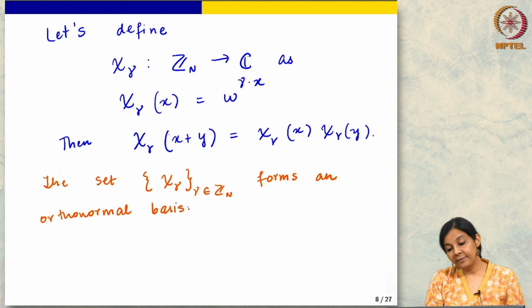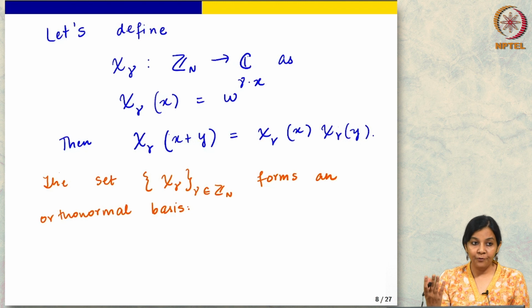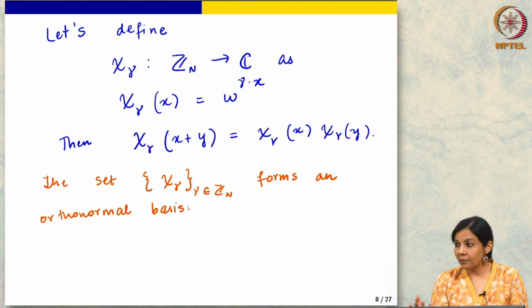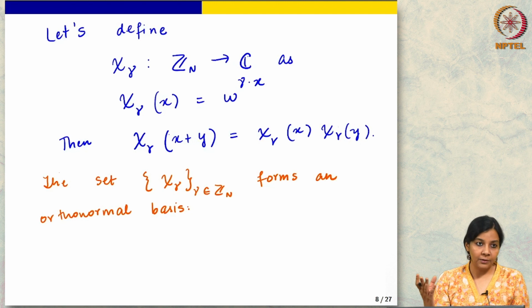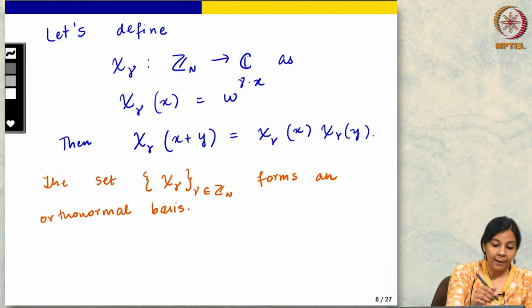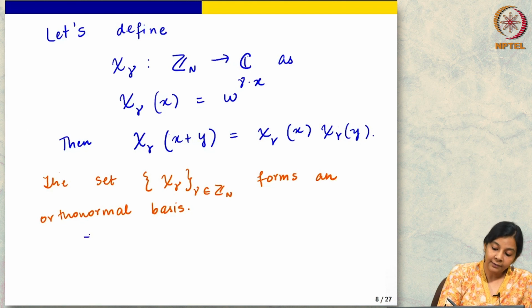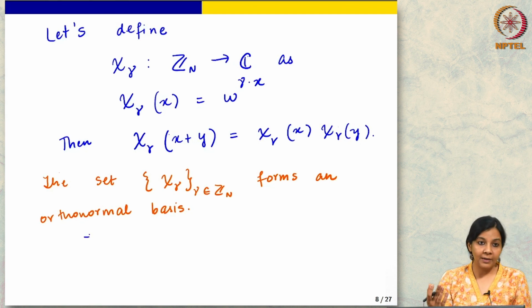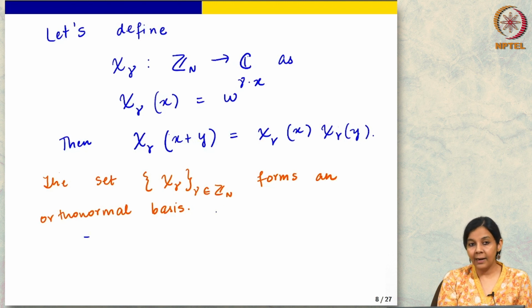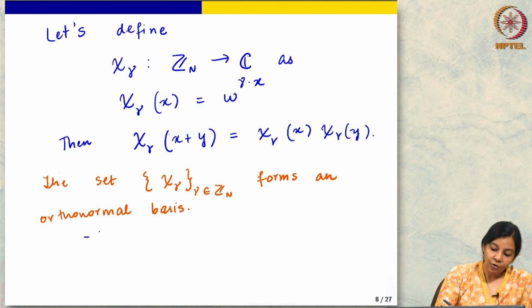And as you can imagine, when we apply our Fourier transform, these are the basis functions we will use, and we will figure out what the coefficients for these basis functions are. Establishing that these form a basis is not hard. Once again let us establish some of the properties of these characters, and we will see that these form a basis. Okay. One thing you can immediately see is that there is the right number of them, so we have as many as we need. So we just need to show orthonormality, and we will show that. So let us establish some properties.